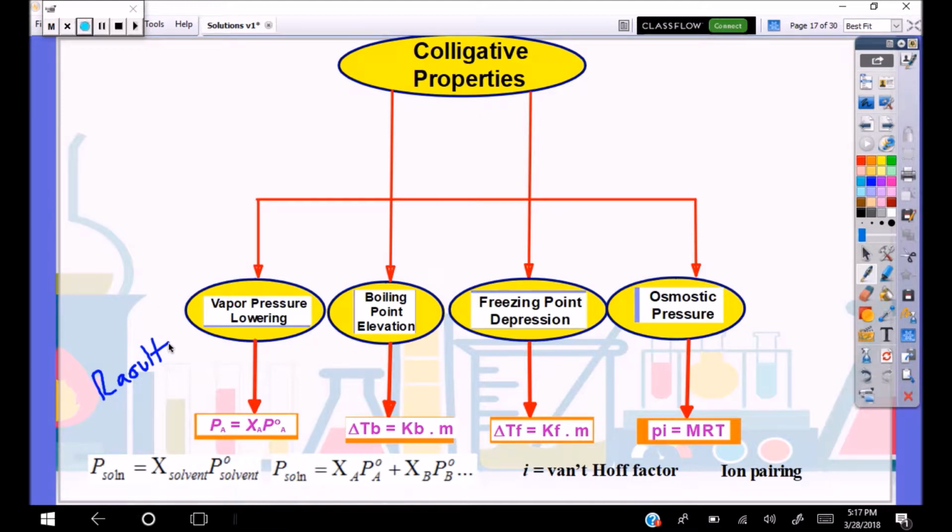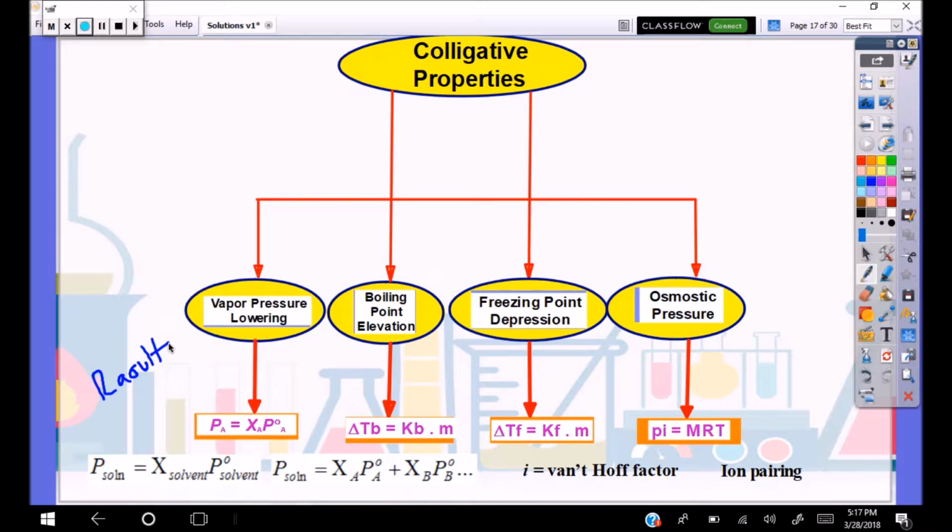Essentially, as we add a solute to our solution, that solute dissolves, and the solute particles get in the way of the solvent particles from escaping the surface of the solution. So typically the vapor pressure of a solution will go down as more particles are dissolved in solution. This makes sense because they essentially block them from escaping the surface.